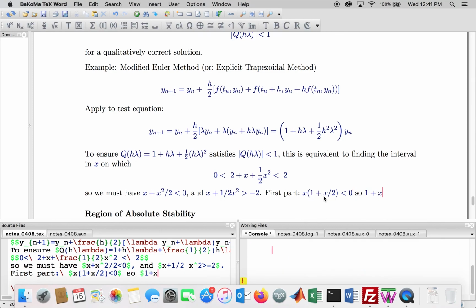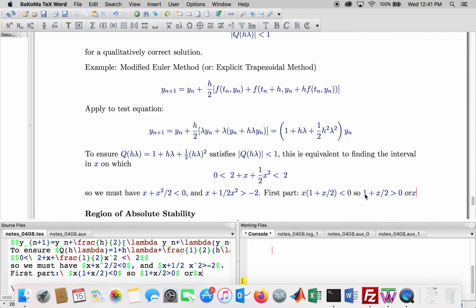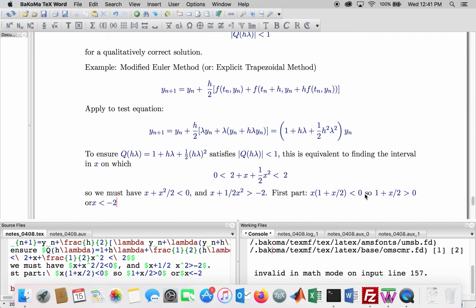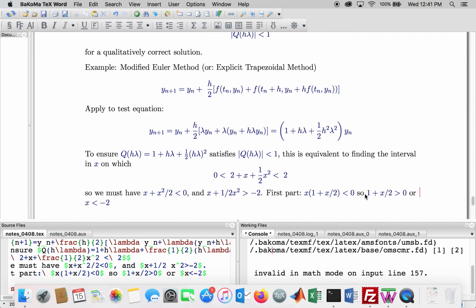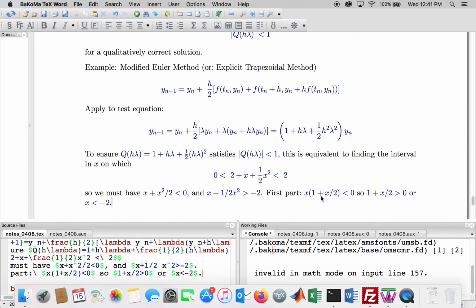So 1 plus x over 2 is greater than 0, or put another way, x is greater than -2. So we have x must be between 0 and -2 for one thing, and then we also have this part right here. I'm going to rewrite this.